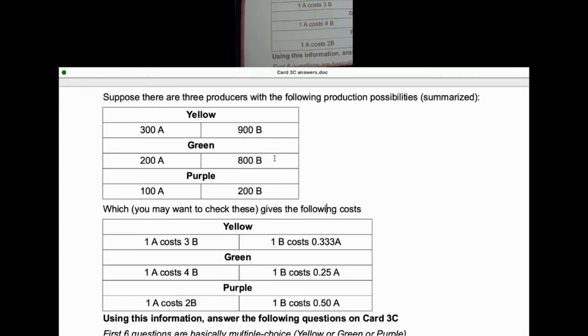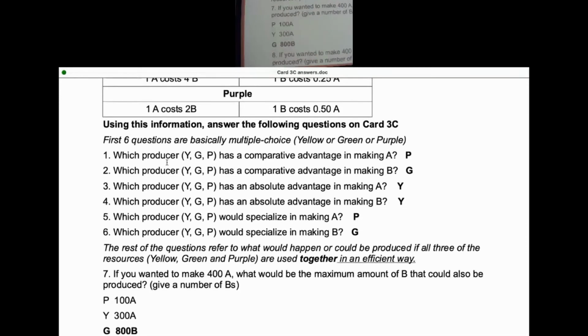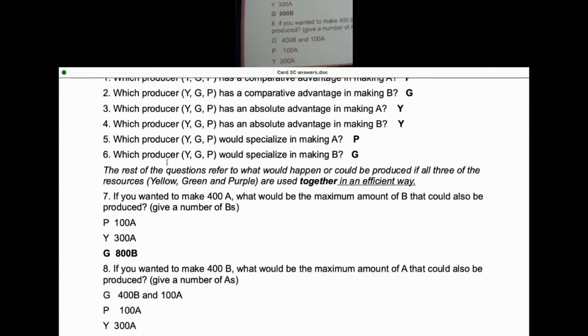So that means you don't need green spending all their resources making B. You can have them spend half their resources making B. And it makes sense to do that because they are the lowest cost. They're the ones you want making the B. But then they still have half the leftover resources to make, in this case, 100 A's. So green can make 400 B's and 100 A.